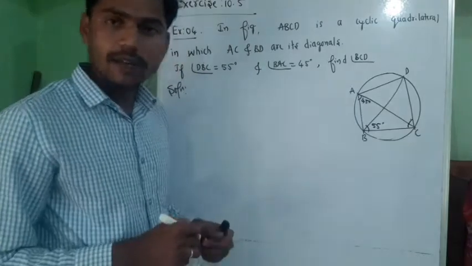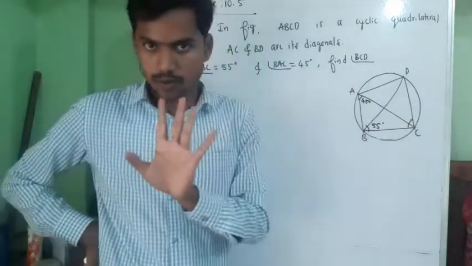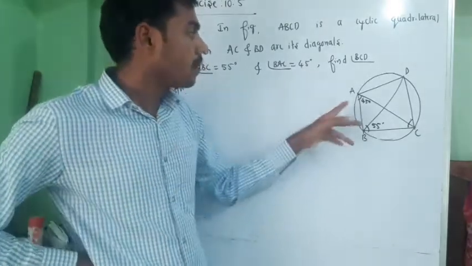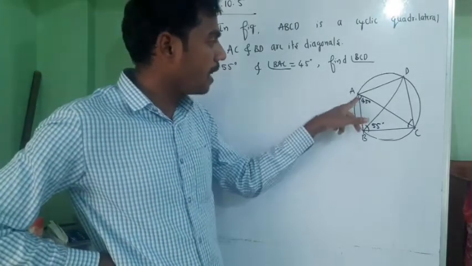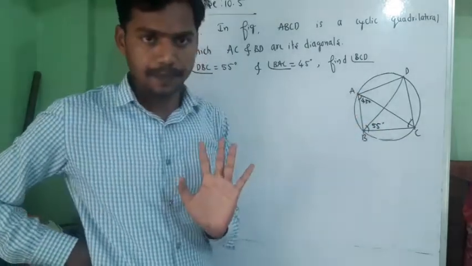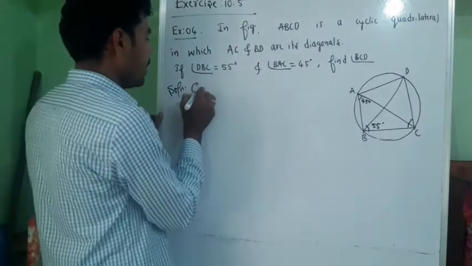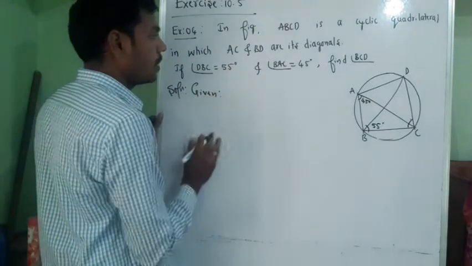For that, what relation do we have? Angle A plus angle C is equal to 180 degrees. To know angle A, I already know BAC, so I should know CAD. First, we'll write down the given data. What is given to us?